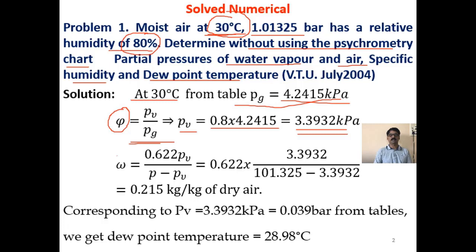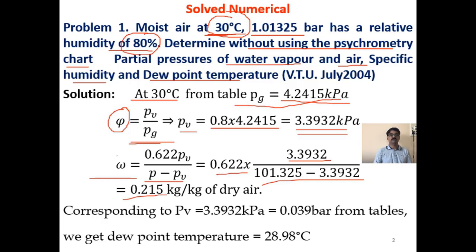In fact, you have to convert that into kilopascal. Now omega, specific humidity, omega is 0.622 PV divided by P minus PV. So 0.622 PV, just now you calculated 3.3932, and P minus PV you substitute here. So you will get 0.215 kg per kg of dry air.